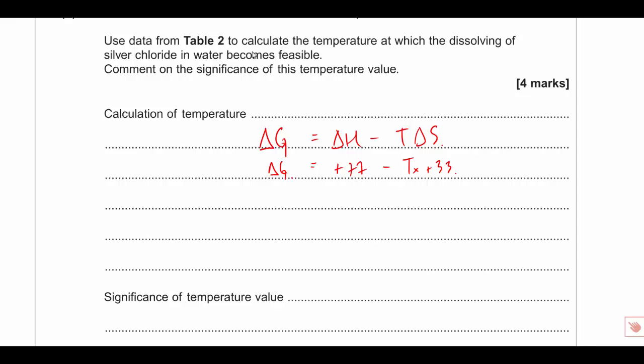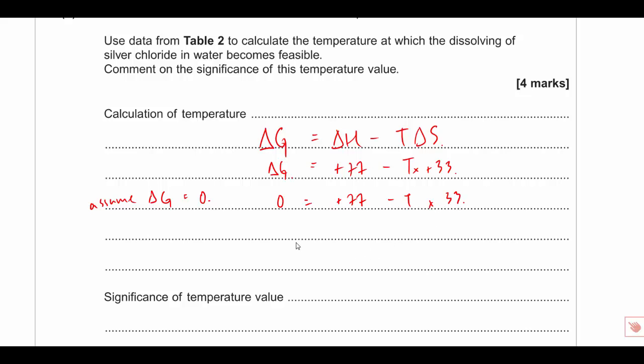Now, the point where it becomes feasible, we can assume delta G is 0. So 0 equals plus 77 minus T times 33.